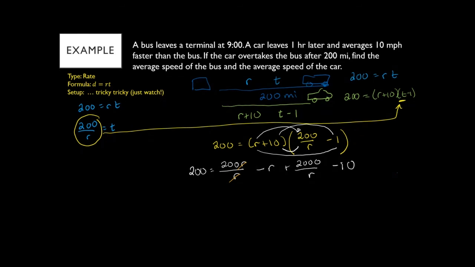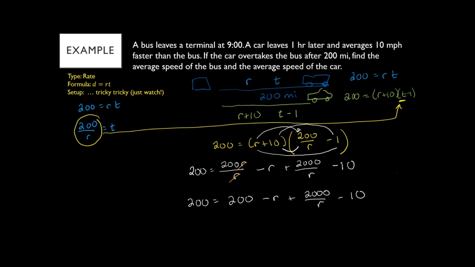So if we simplify what we have, I've got 200 equals, my R's canceled, I have 200 again. Then I have minus R plus 2,000 over R, then minus 10.